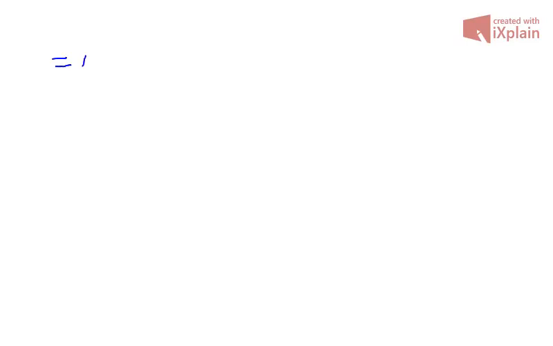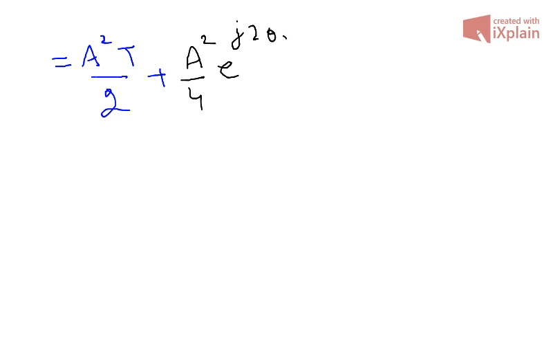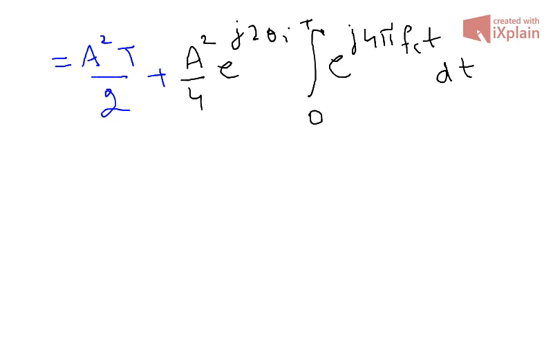We have A squared T over 2 plus A squared over 4 e raised to the power j2θ_i, and inside the integral from 0 to T, e raised to the power j4πf_c t dt, this one.